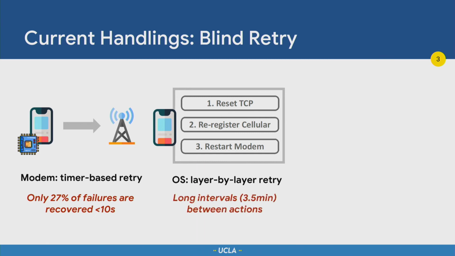However, the long intervals between these consecutive actions cause long disruptions. By default, 3.5 minutes is set in Android, so if you go through the whole procedure, you need nearly 10 minutes to recover at the hardware level.